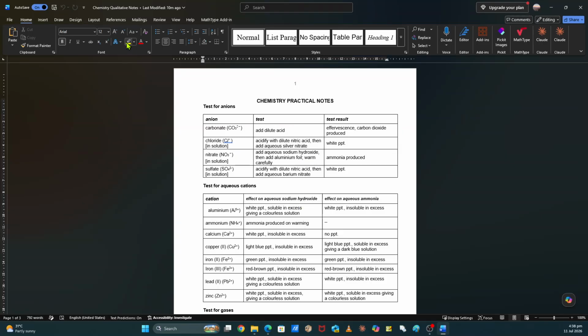Sodium chloride, so you have to look at the sodium chloride column, not this column, because for sodium chloride, this one would give you a white PPT insoluble in excess. Oh, I saw this one. Insoluble in excess, right? This one. Yes. Zinc is white PPT soluble in excess with this reagent.